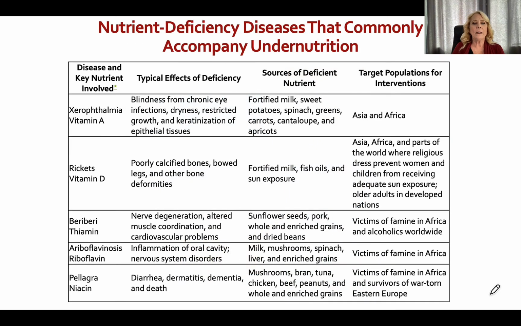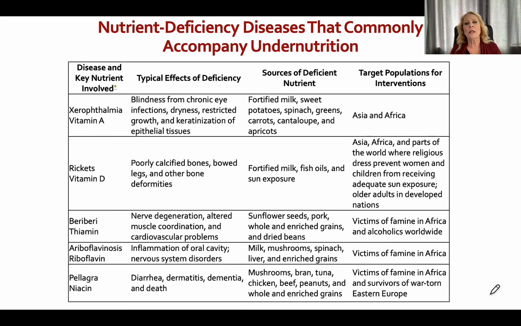So, for instance, vitamin A problems can cause what's called xerophthalmia. This is blindness from chronic eye infections or dryness, restricted growth, keratinization of the epithelial tissue. Now, this is not really seen in the United States.